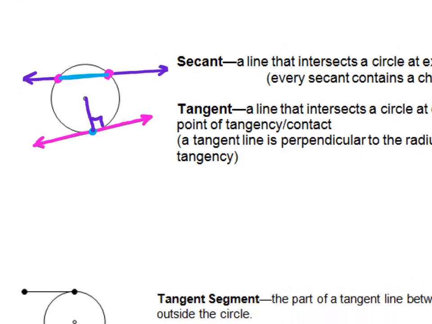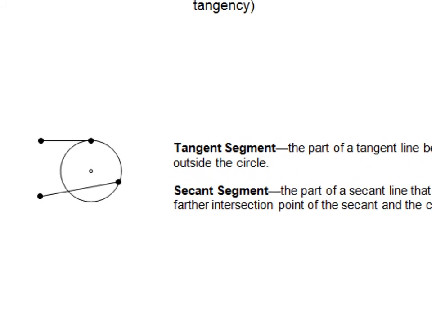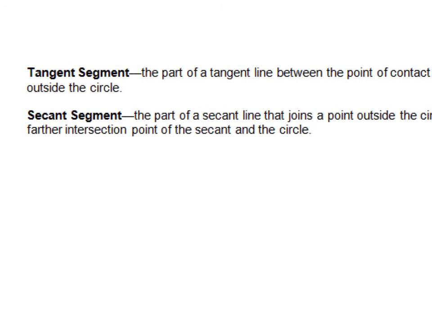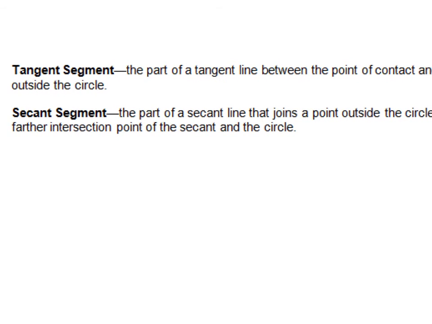All right, so now we have tangent and secant segments. So if we're talking about just a plain tangent, automatically it's a line. That's part of the definition. But we have something called a tangent segment. So a tangent segment is the part of a tangent line between the point of contact and a point outside the circle.